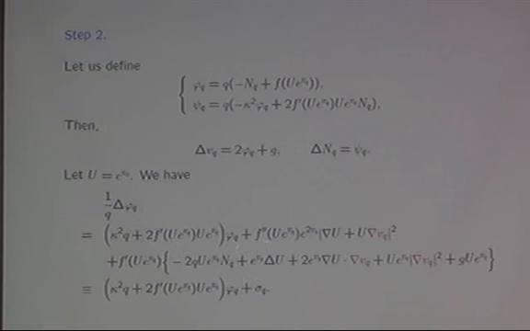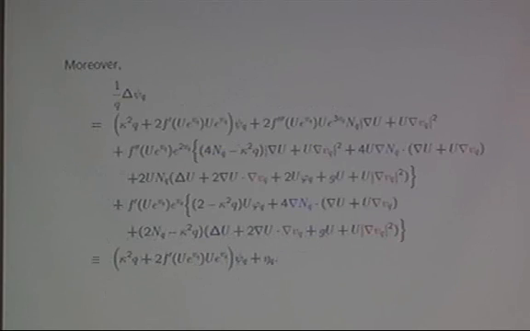So here, all the terms are good. That means all the functions are uniformly bounded, except the gradient term of V. And for the second equation, all terms are uniformly bounded, except the gradient of V and gradient of N.